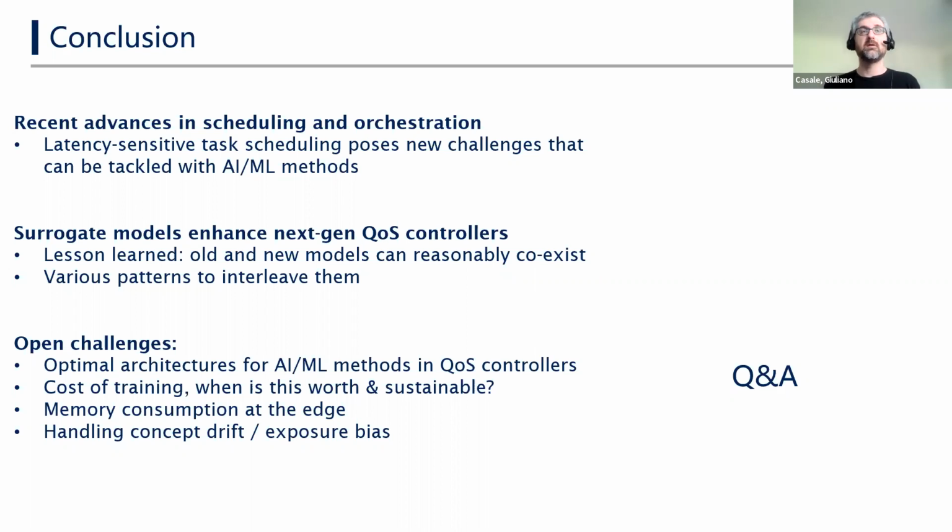So the ability to recognize discontinuities in the runtime data and, say, reset in the runtime environment the training and testing of the AI machine learning methods is still a work in progress in the area.